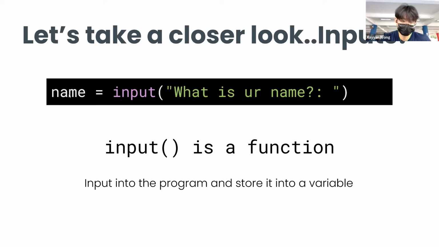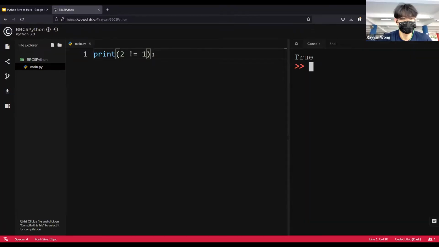You can see here, and you might be wondering, what is that string in the center of the brackets? Well, this acts like a prompt. Whenever you run into the input statement, it will print that out, and it is basically like the computer talking to you. So we can try it out. Okay, we try the same code: name equals input.